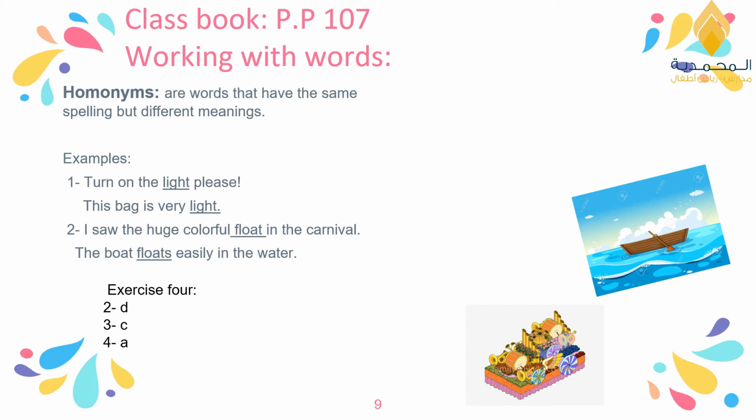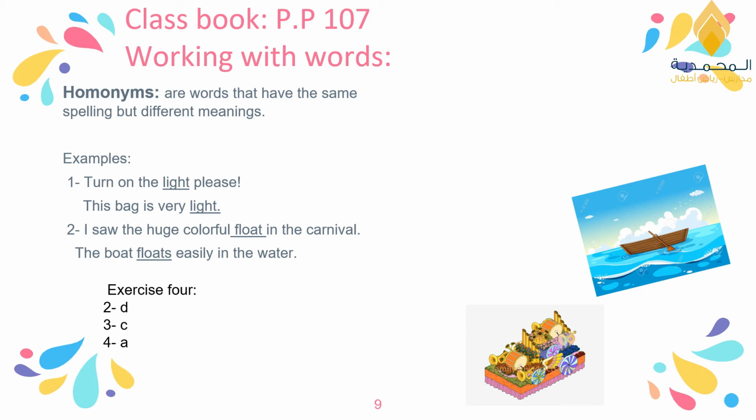It is decorated and colorful. Number 2, the boat floats. Floats is a verb, which means that it does not sink under the water. So I have the two words, float and float. They have the same spelling but different meanings.